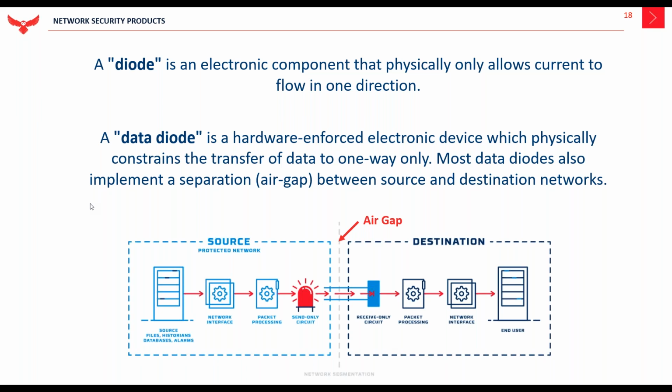It's hardware enforced, which is governed by the rules of physics. Light can only be sent from the source side. It can only be received on the destination side. There is no back channel for data to go backwards. So effectively, we're using that fiber to create an air gap between a source, an OT, and an IT destination network.